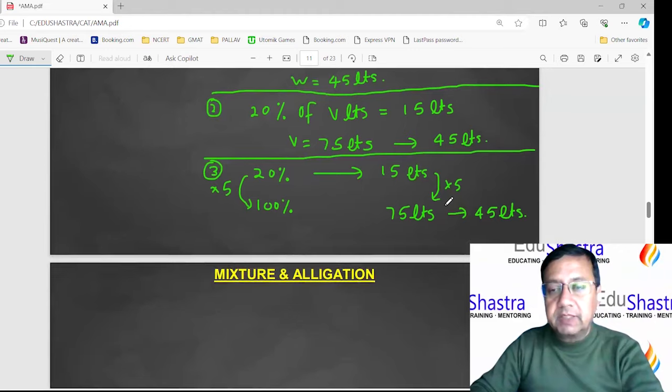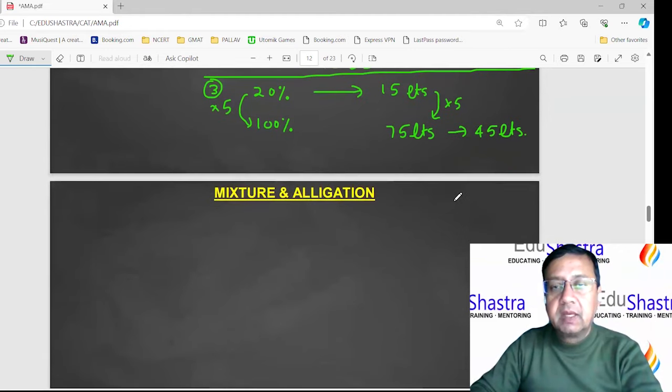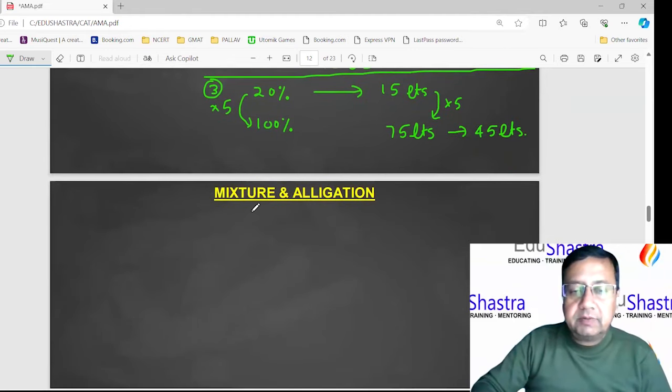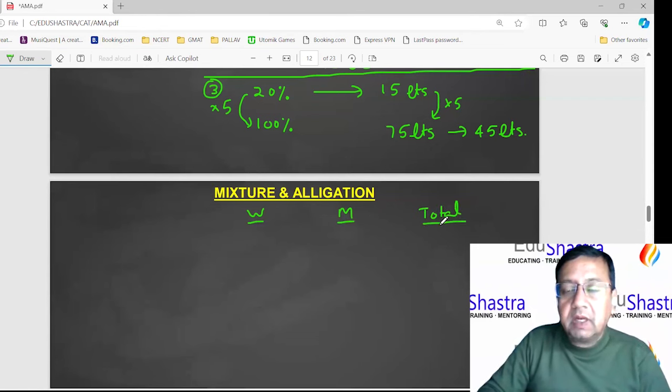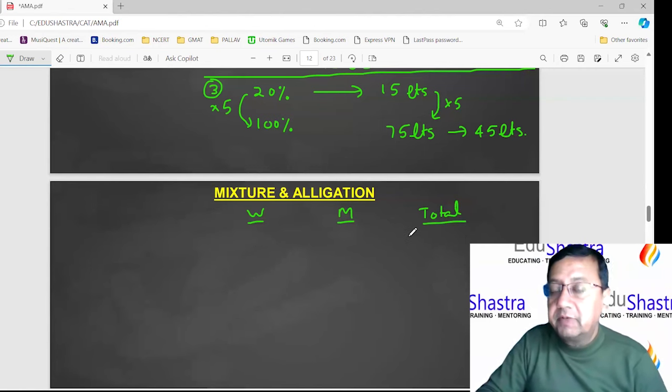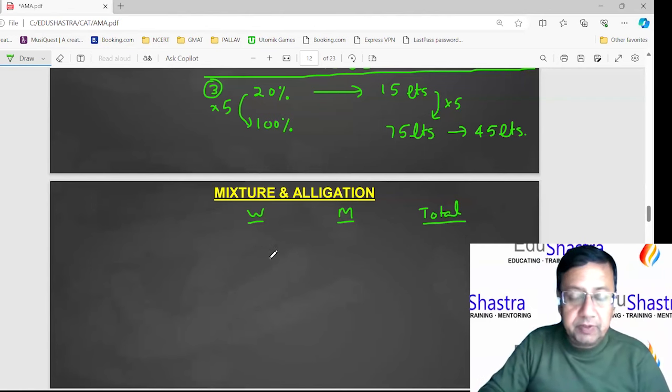So next one. We have water, we have milk, and we have total, right? Initially this is saying 50% milk. So 50% milk, 50% water.